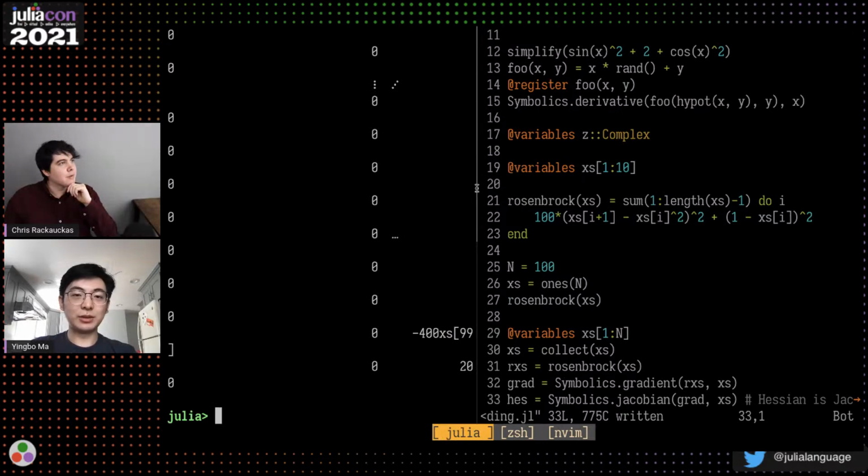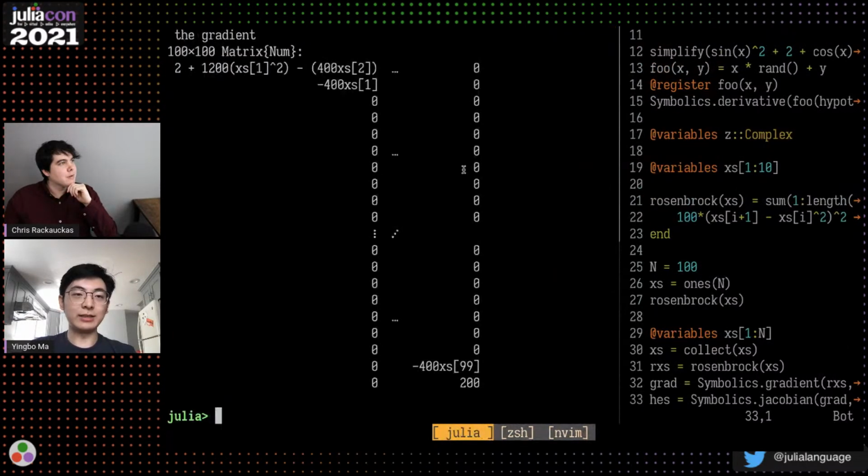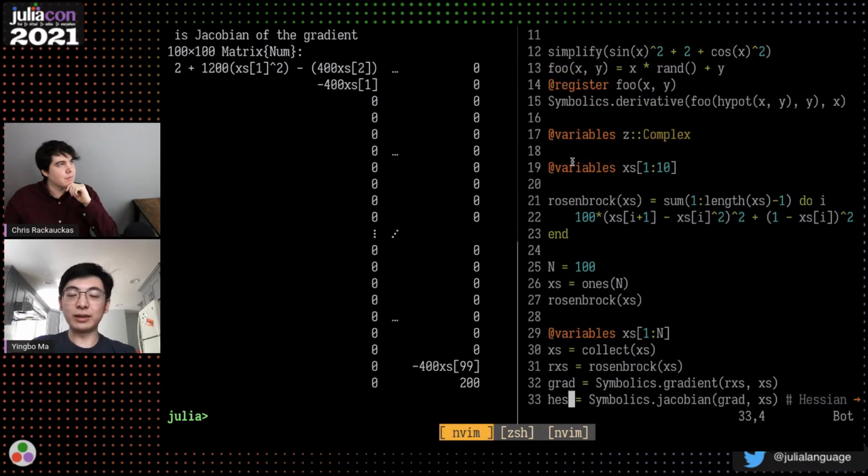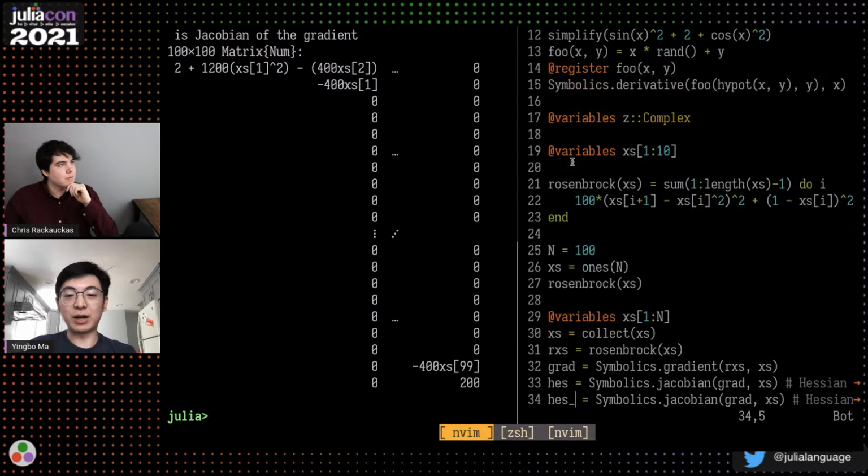So you can see here the Hessian is mainly 0, right? So it's kind of wasteful to compute derivatives, but just evaluate it to 0. We can take advantage of the sparsity information by using the sparse Jacobian function.